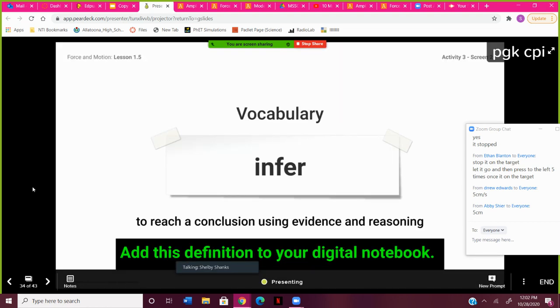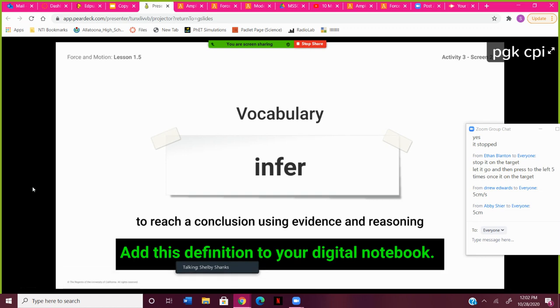But we are going to put a few things down in our digital notebook before we leave. All right, so we have one more vocab word, and that is infer.